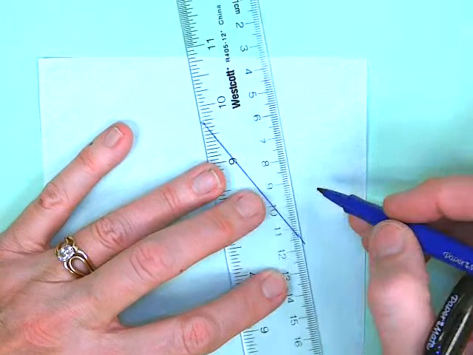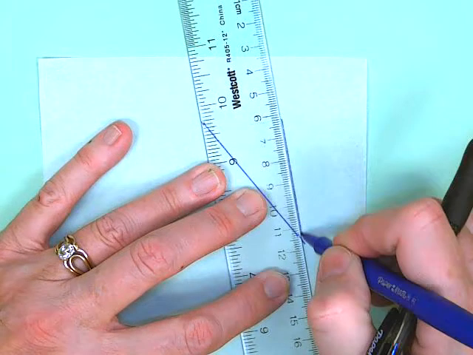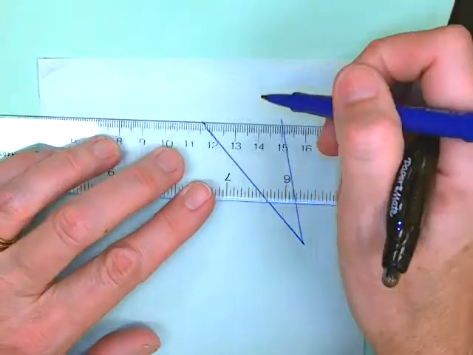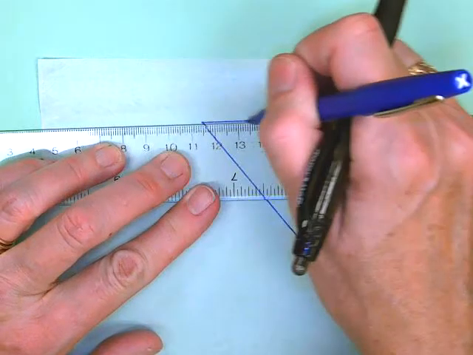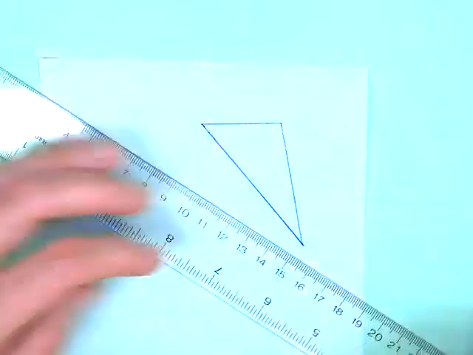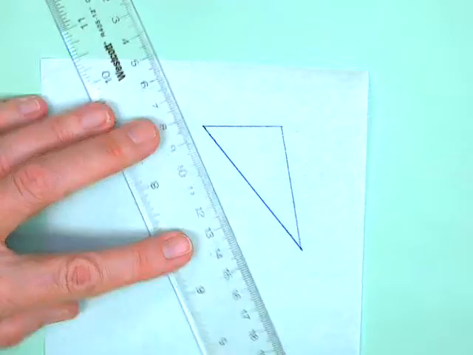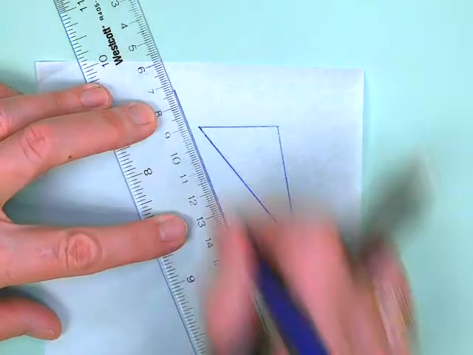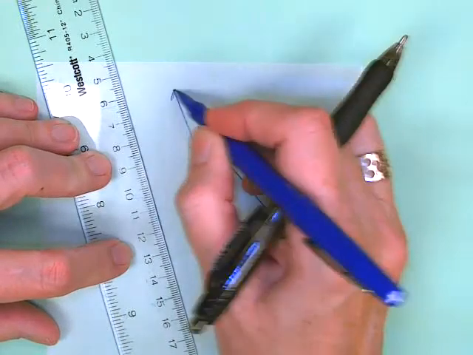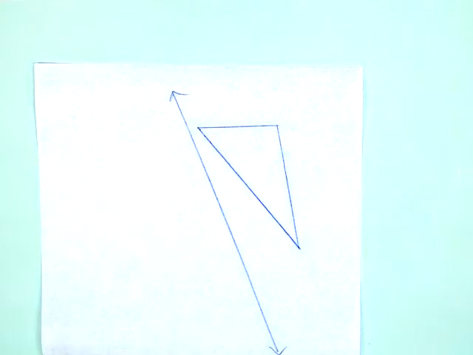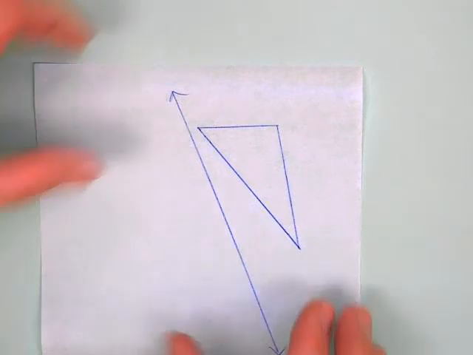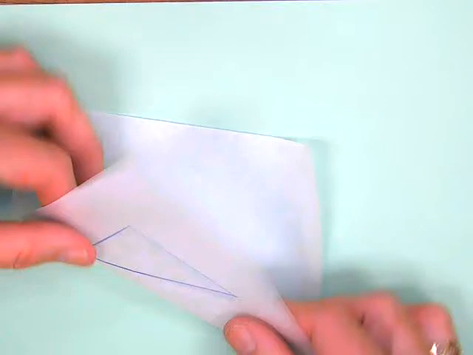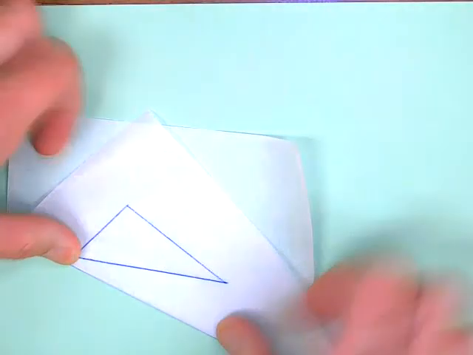Patty paper is kind of like tracing paper. So if I draw a triangle, and then I'm going to draw a line of reflection, I'm going to draw it kind of like this. Okay. And then it says, fold the patty paper back along the line of reflection. So if you had any kind of tracing paper, we're going to take it and we're going to fold it on that line of reflection.